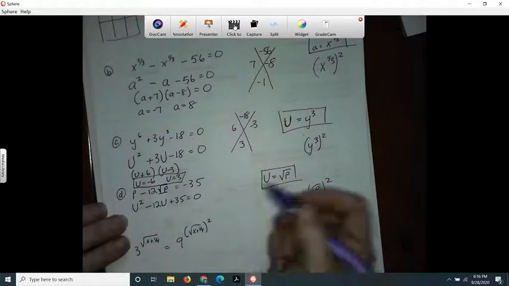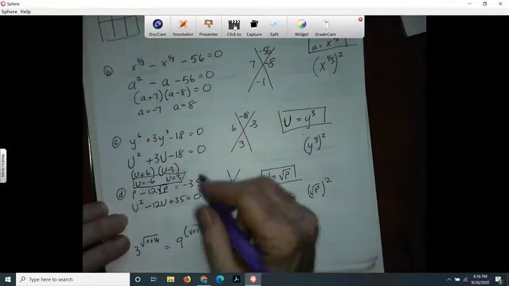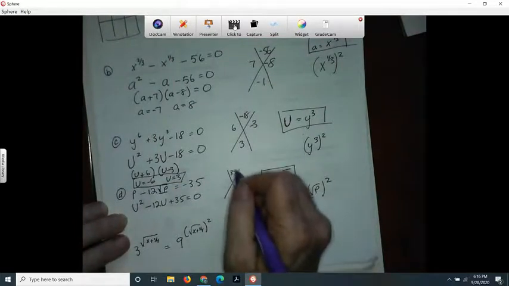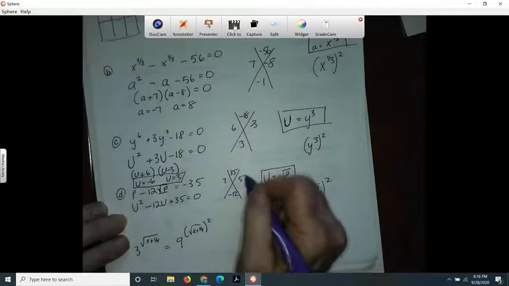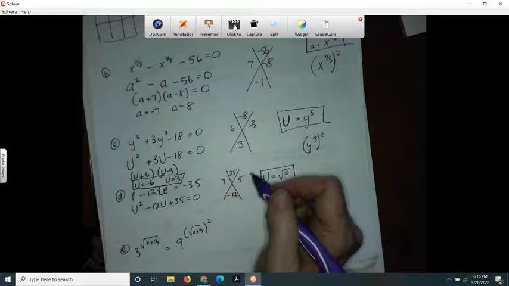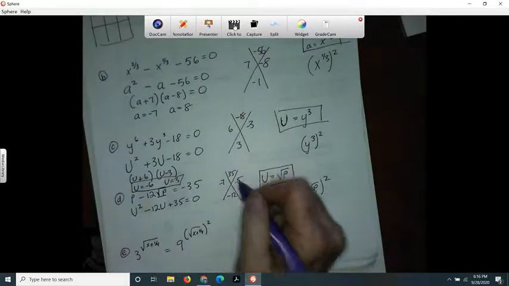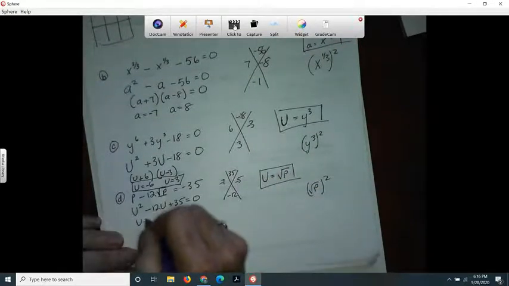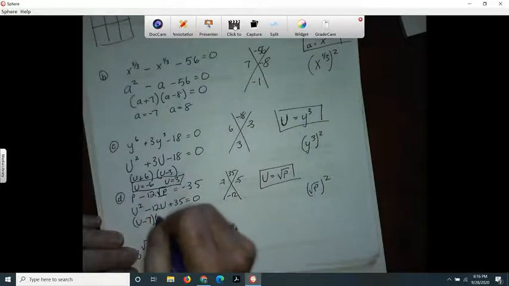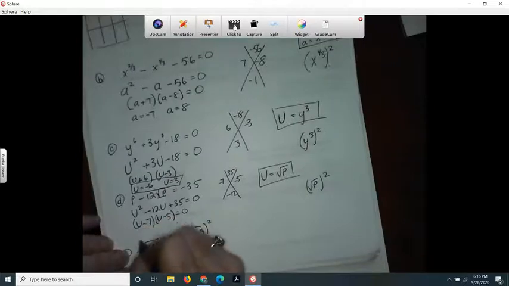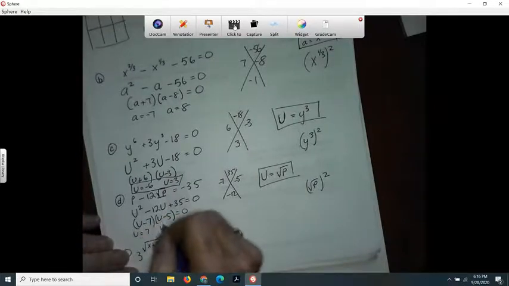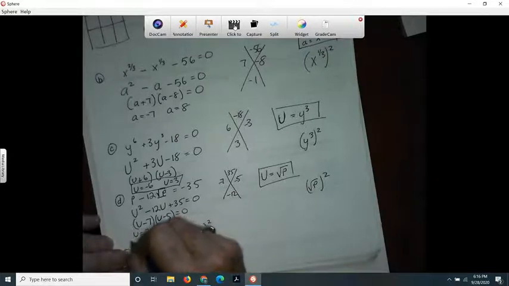And then if I want to, I can do a diamond problem. 35, 7 times 5, 35. So I could say that's u minus 7 and u minus 5. So u equals 7 and u equals 5.